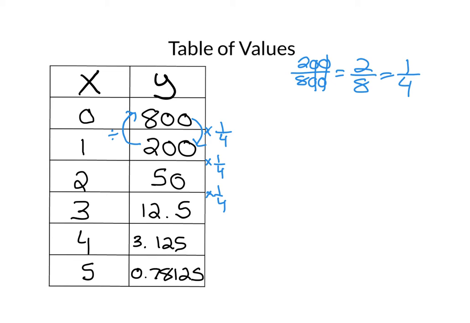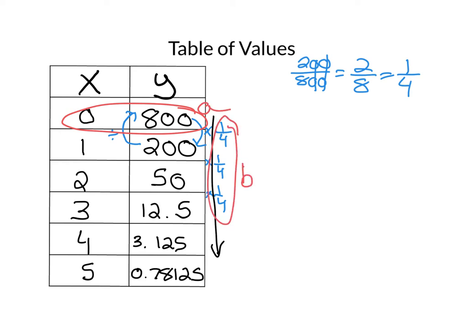So numbers are decreasing rather quickly. All right, so let's think about equation now. The number that matches up with 0 is a, and then the decay factor is b. So y equals 800 times 1/4 to the power of x.